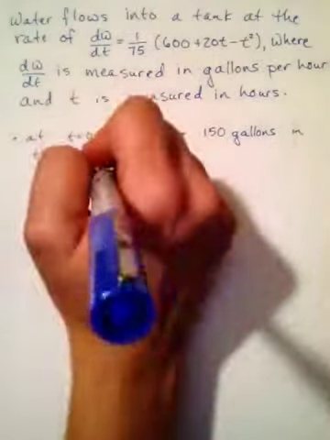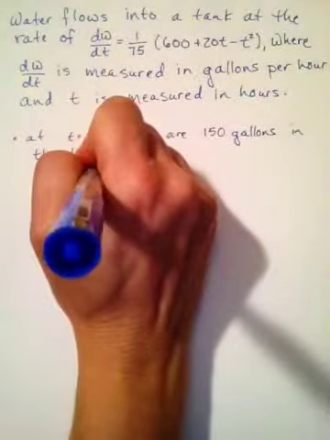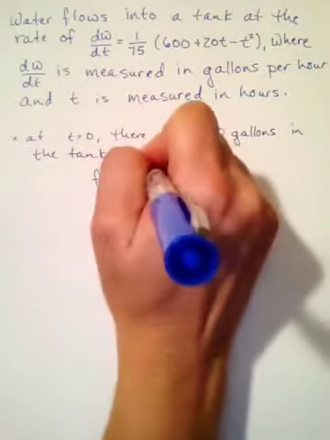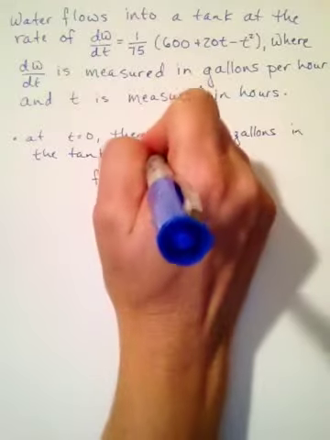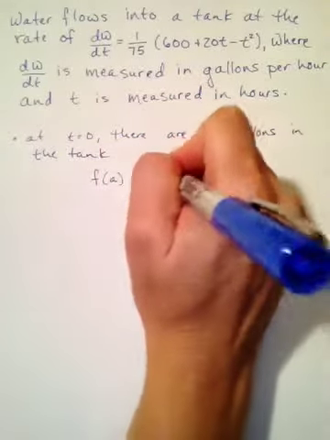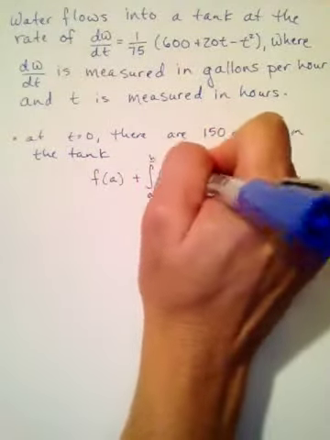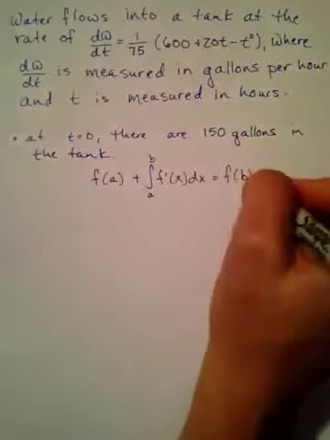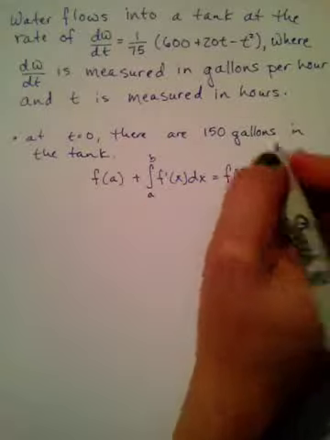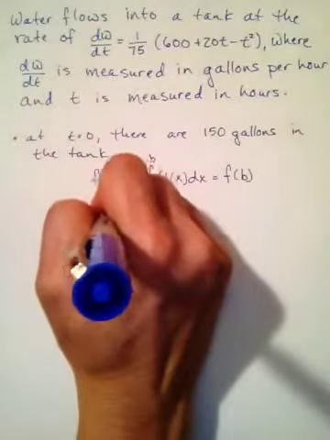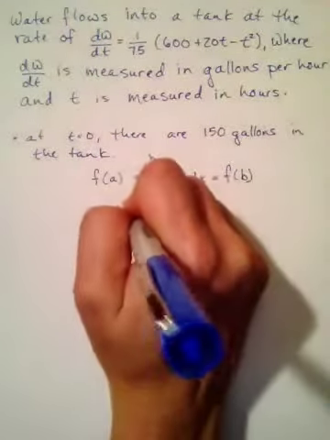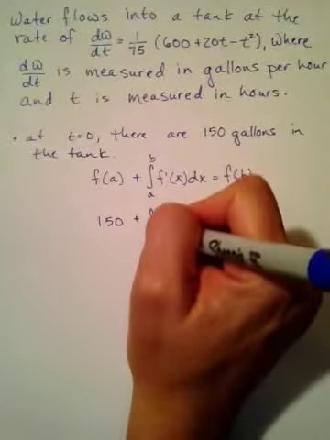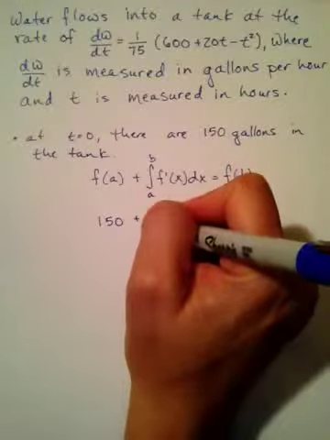Well, using our fundamental theorem, again, I'm going to write it down as f of a plus the integral from a to b of f prime of x dx equals f of b. Start plus net change equals final. For this one, it gave us a start amount of 150 gallons. And that happened at time 0. So 0 goes here. They wanted to know how many gallons you have when t equals 24.